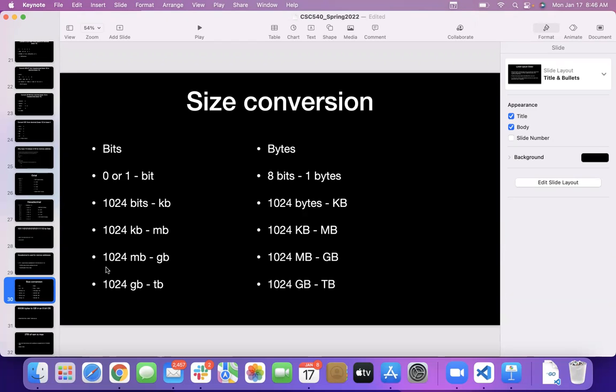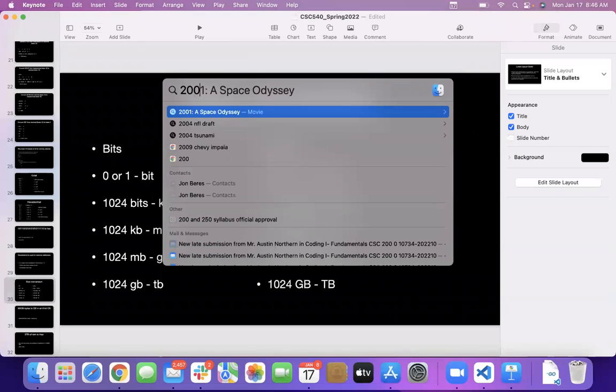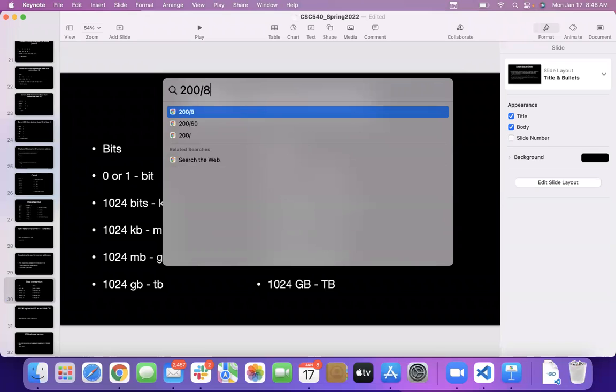When you buy their cheapest plan from Spectrum, they'll sell it as 200 meg internet. It's actually megabits per second, not megabytes per second. So with 200 megabits per second, you have to divide by 8. That gets you a maximum download speed of 25 megabytes per second.